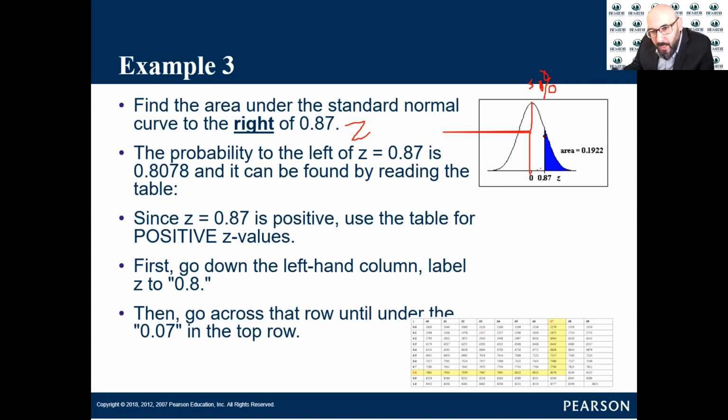So the first thing I want to do is create the normal curve and put the mean, that's the 50% line, or 0.5. Now we're looking for 0.87. That would be somewhere here, and you highlight this area.